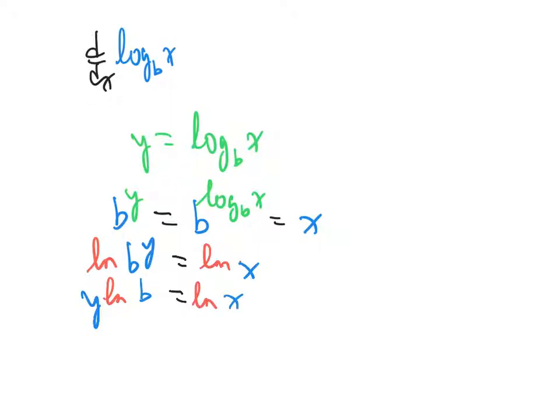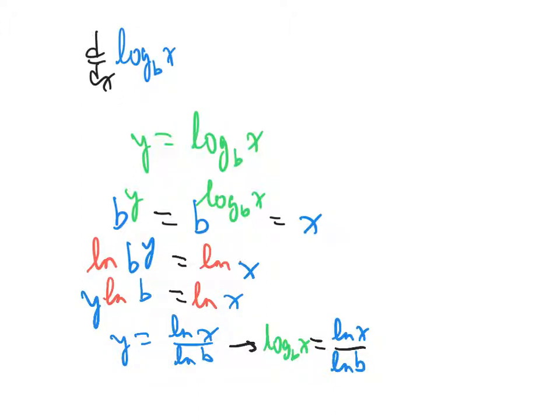And finally, I can solve for y, and I can say y is the natural log of x over the natural log of b. But remember that y was just log base b of x. So log base b of x is the natural log of x over the natural log of b.